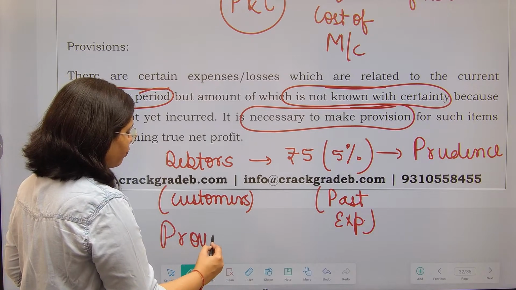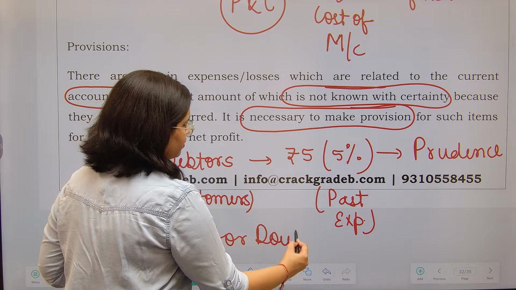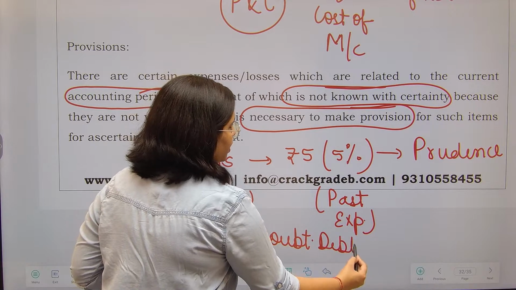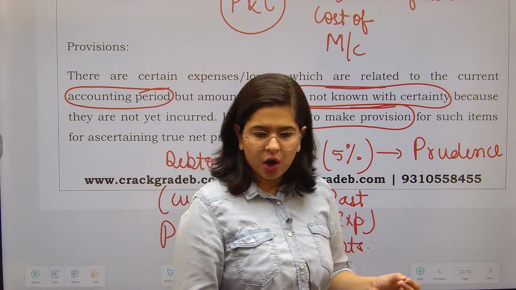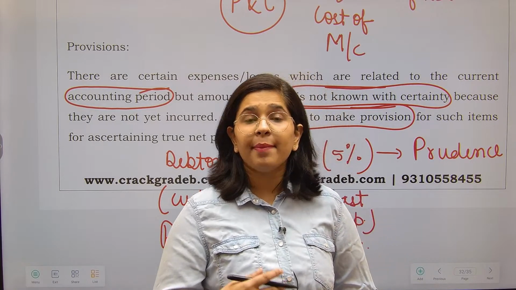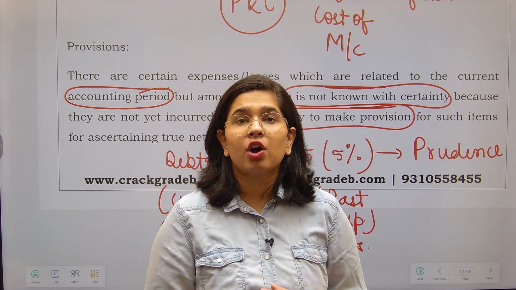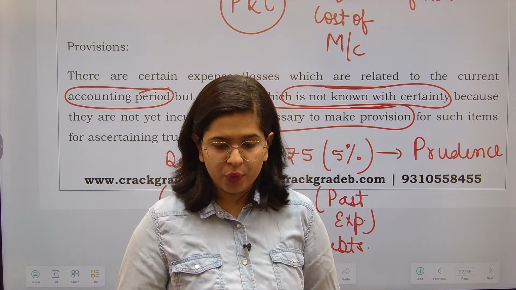We call it provision for doubtful debts. So when I know that this is a loss which I am expected to carry, it may happen that I incur this loss. So in that particular case, I should be making a provision.